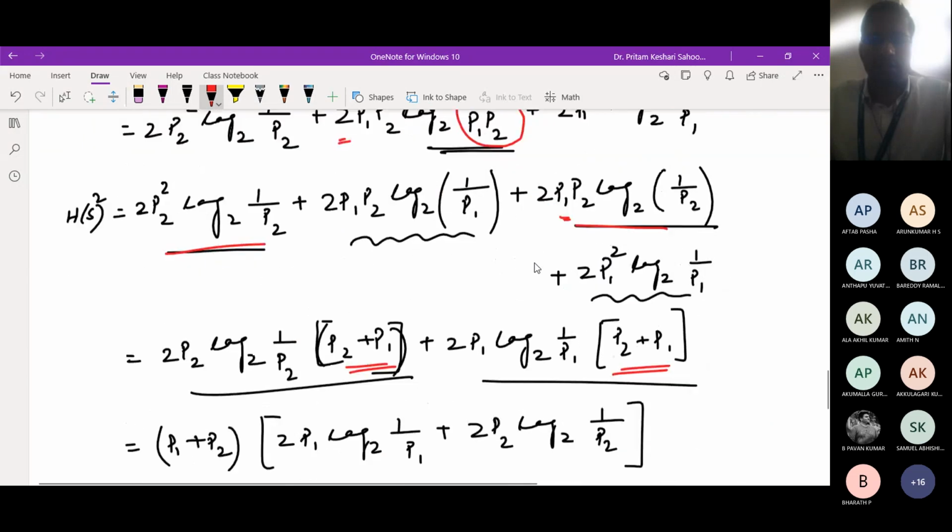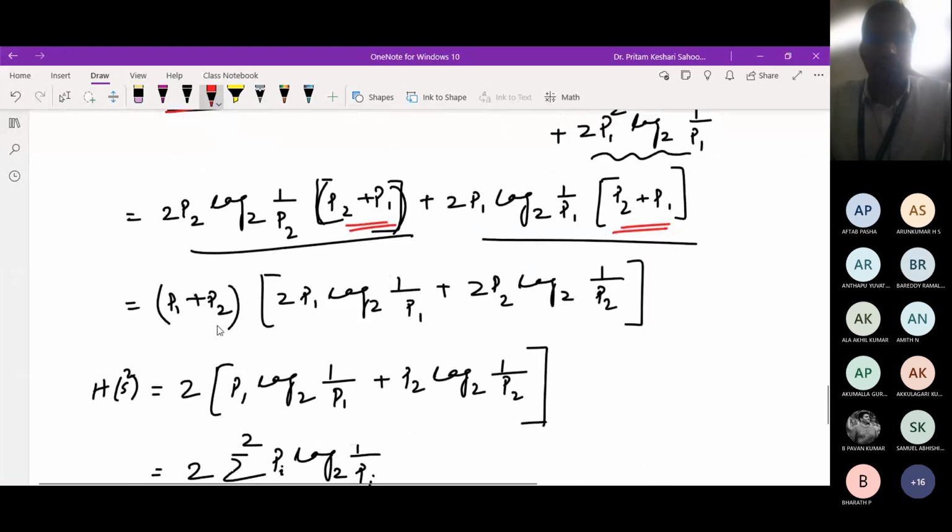So using P1 plus P2 equal to 1, we can rewrite this. This is H of S square because it is the second extension. Since it is the second extension, the entropy or the average information we write in this particular form.